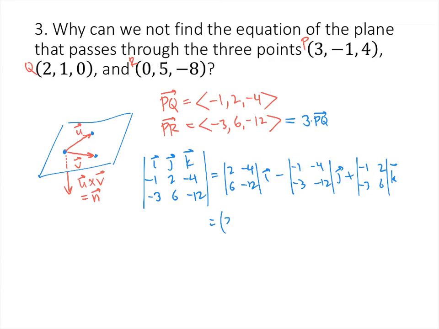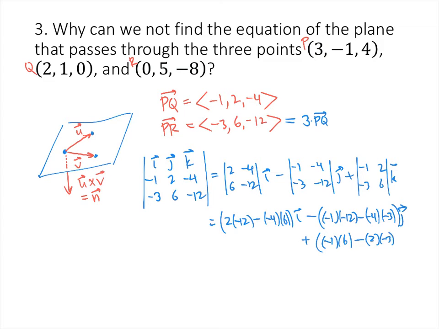When we do our calculations, we get 2 times negative 12 minus negative 4 times 6 times i, minus negative 1 times negative 12 minus negative 4 times negative 3 times j, and then finally plus negative 1 times 6 minus 2 times negative 3 times k. And those all work out to be 0. So that gives us the 0 vector.